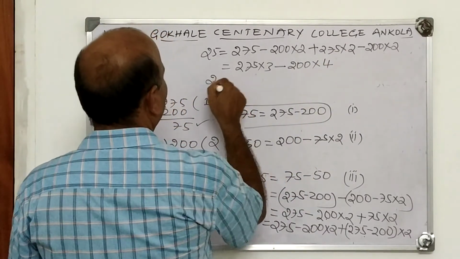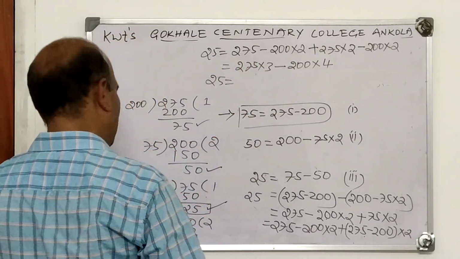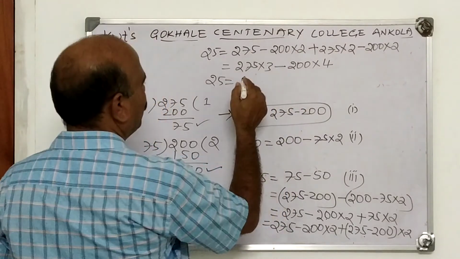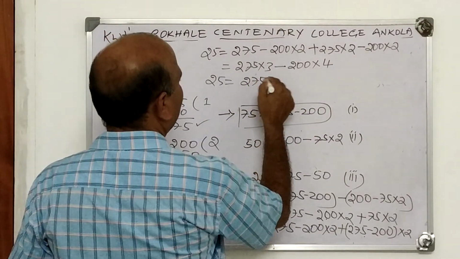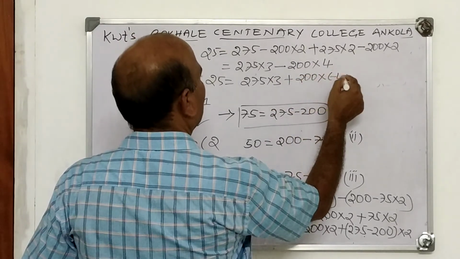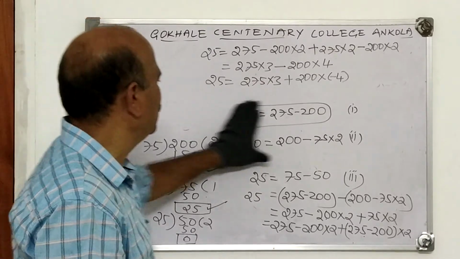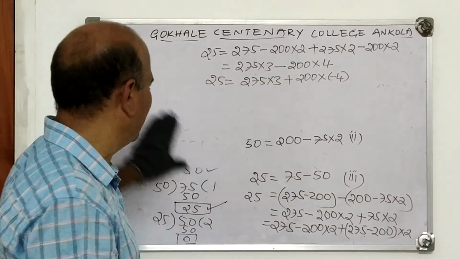Therefore 25, that is the GCD of two numbers. What are the two given numbers? 275 and 200. 25 is 275 into 3 plus 200 into minus 4. So this is the procedure to obtain the GCD.